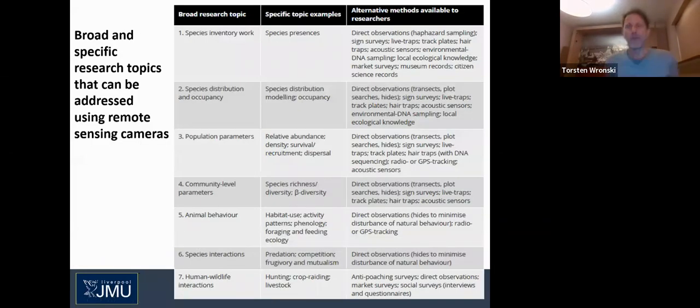Good. Here in summary, once more in this table, what are the specific topics that can be investigated using trail cams? This is the absence or presence of a certain species in a certain area. It is the species distribution within that area, which I just described, expressed as the occupancy.